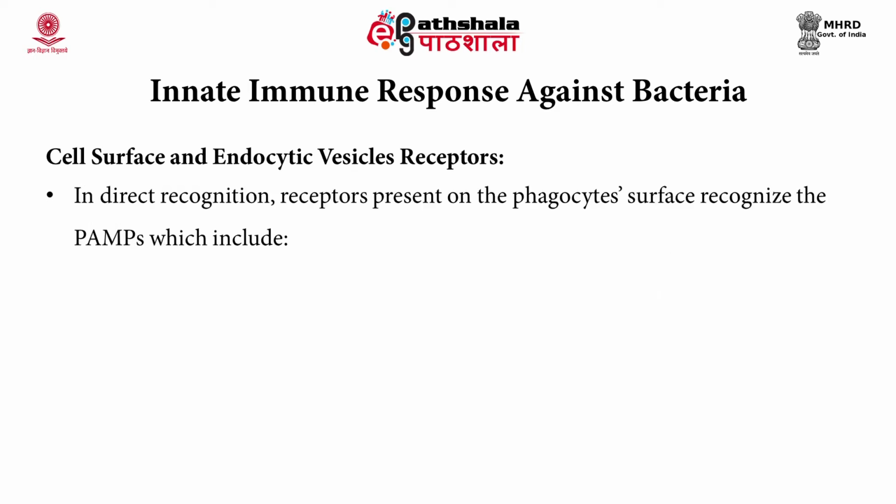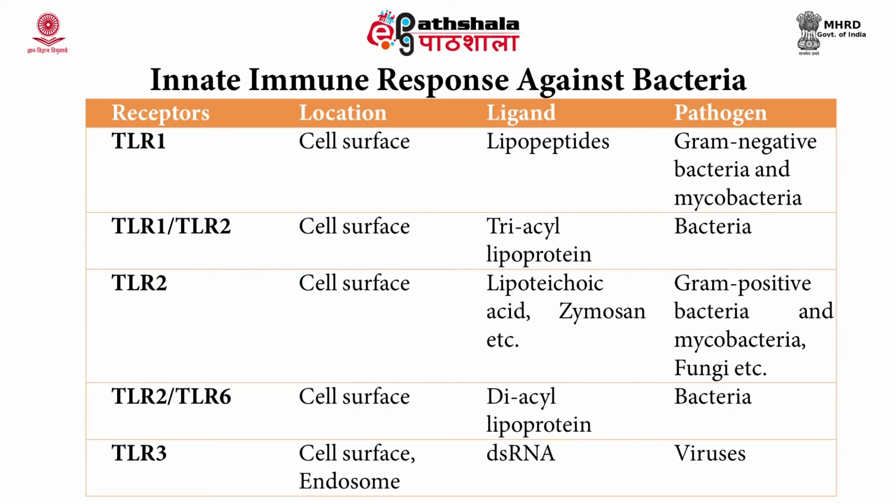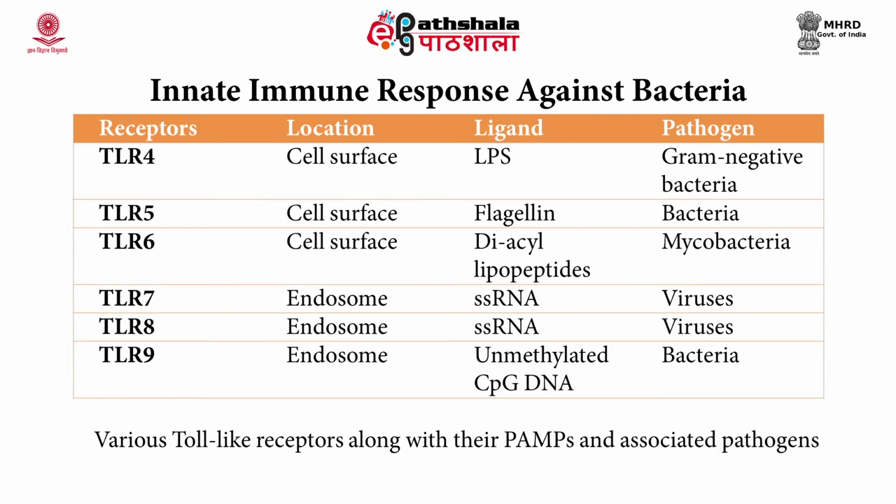In case of direct recognition, the receptors present on the phagocyte surface recognize the PAMPs, which include toll-like receptors, carbohydrate receptors and scavenger receptors. In this table, you can see various toll-like receptors along with their PAMPs and the associated pathogens. The toll-like receptors are named TLR 1, 2, 3, 4, 5, 6, 7, 8 and 9.